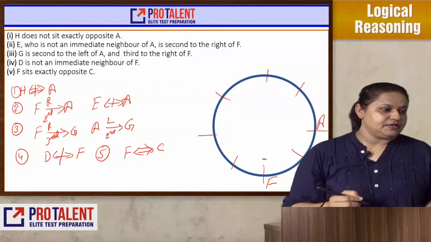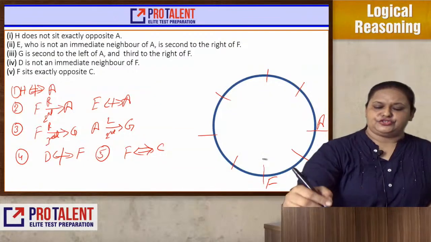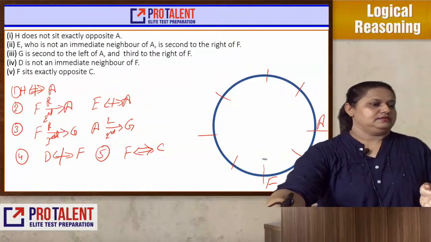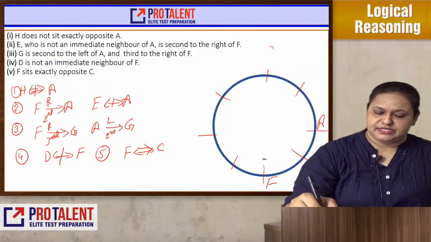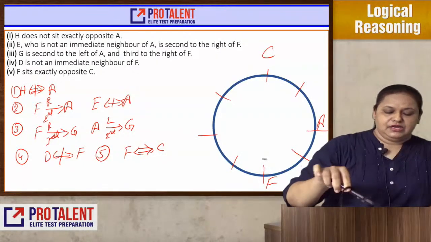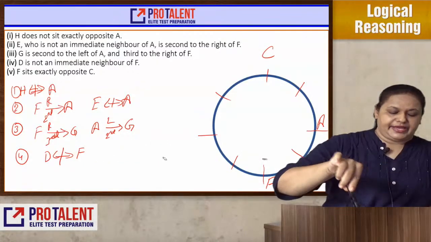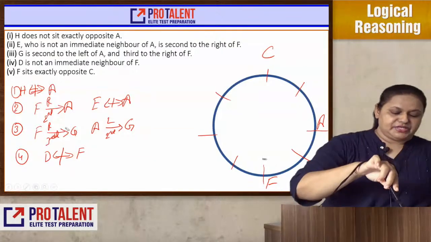Which will be the next one? Should I give the numbers? And F is exactly facing C. So I am done with point number 5.